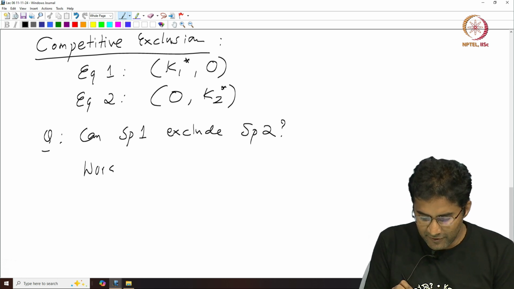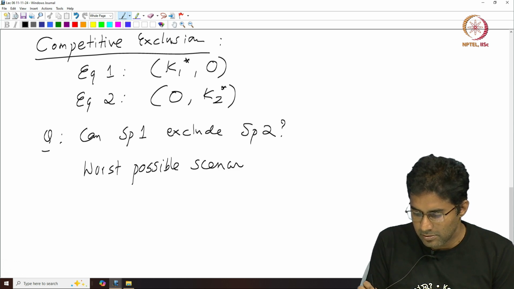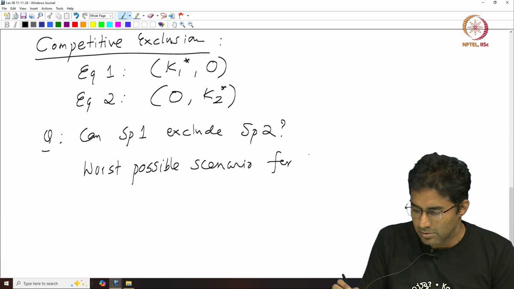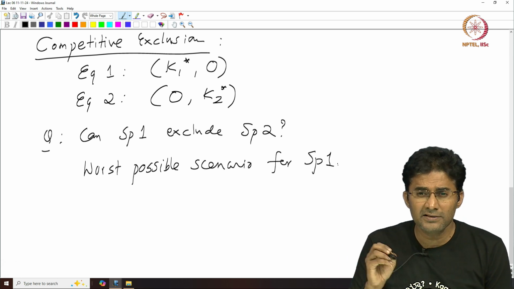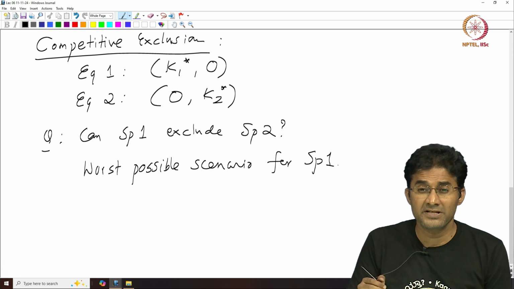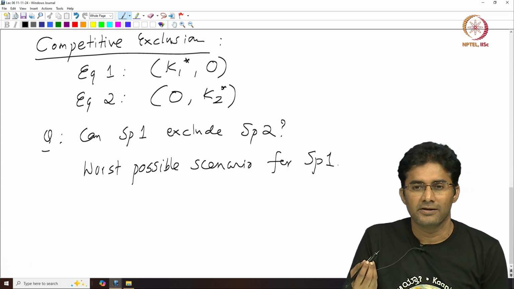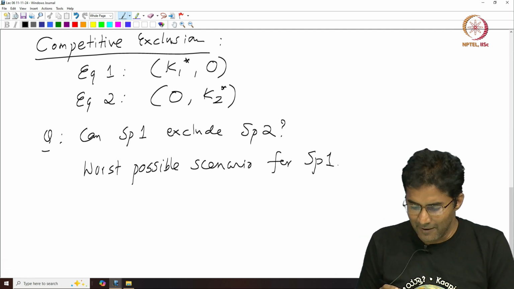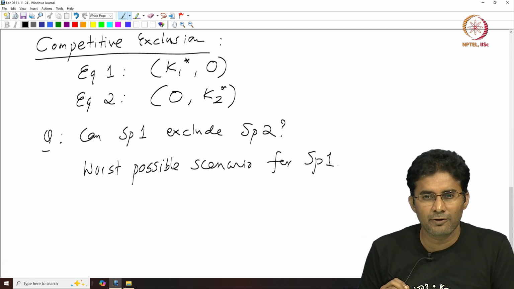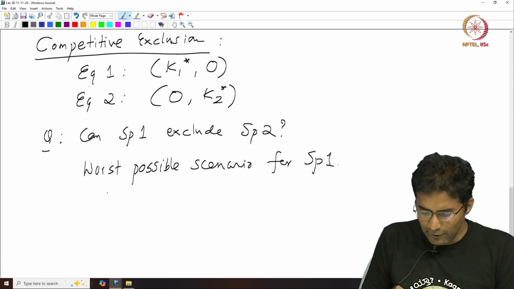Let us start with the worst possible scenario for species 1, and even in that worst possible scenario, if species 1 can exclude species 2, it is always going to competitively exclude species 2, right. So, that is the basic idea. So, what is the worst possible scenario for species 1? So, worst possible scenario is as follows.